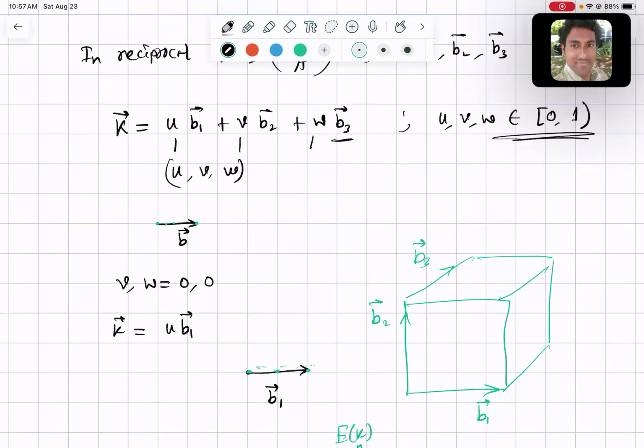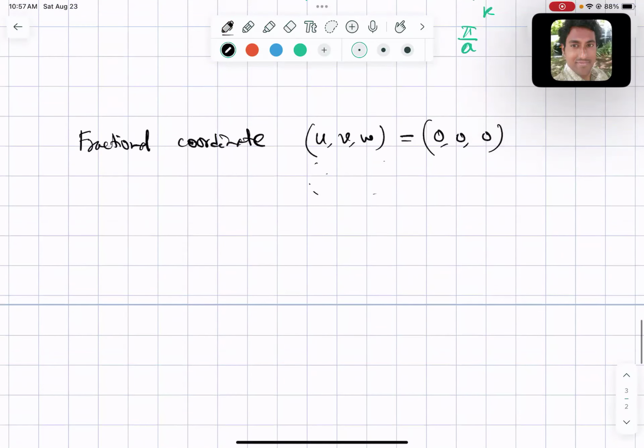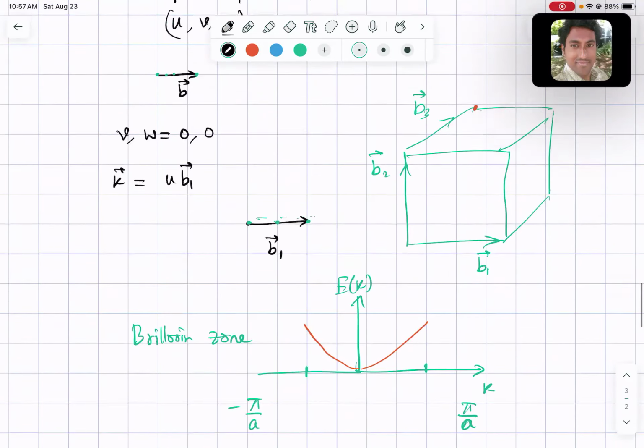So along b3 we're here, and 0 along b1 and b2. So with these fractional coordinates we can find where we are in the unit cell of the reciprocal space. And sometimes we need to convert between fractional coordinate and the k vector.